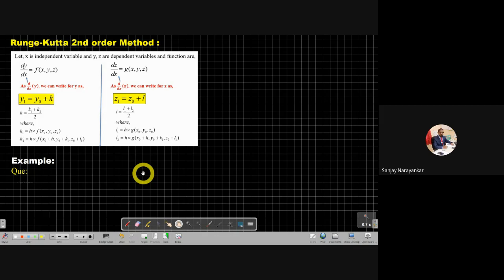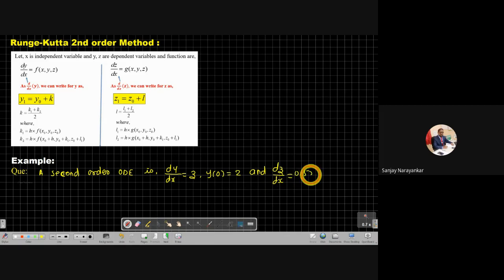Okay, I think we should start with this numerical and just write. A second order ordinary differential equation is dy by dx is equal to z, y(0) is equal to 2, and dz by dx is equal to 0.5x minus y.